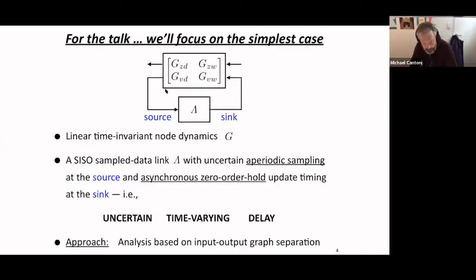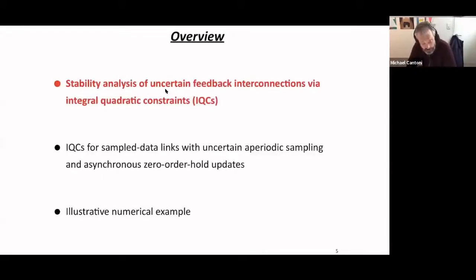So the approach that I'll take is based on input-output methods, and in particular graph separation. So let's just spend some time now thinking about how to analyze feedback interconnections where potentially blocks are uncertain via so-called integral quadratic constraints.